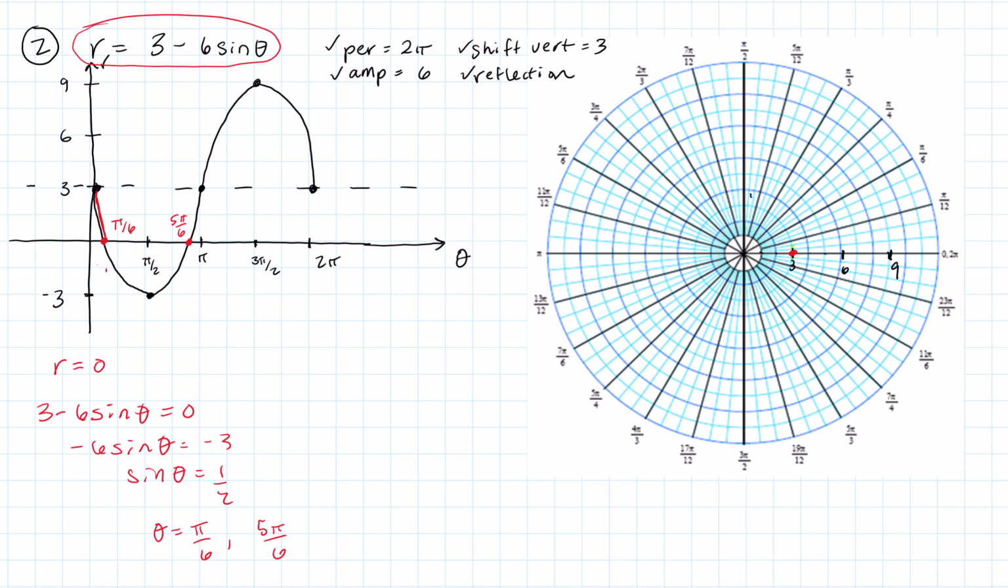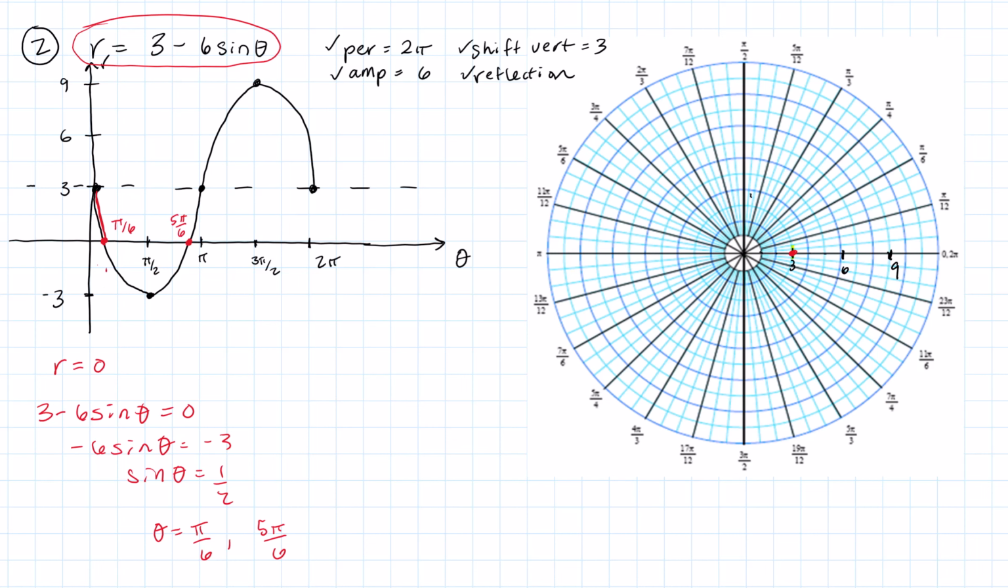And then from pi over 6 to pi over 2, this next little segment of the graph, I have negative radiuses. So I'm not actually graphing here. I'm going to be graphing in the reflection. I'm going to be graphing from 7 pi over 6 to 3 pi over 2. So I'm graphing here and I'm going out to a negative 3.